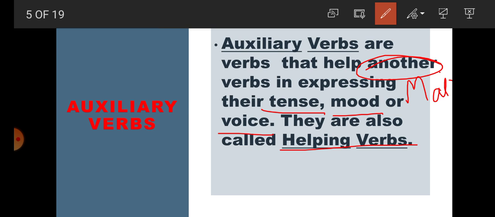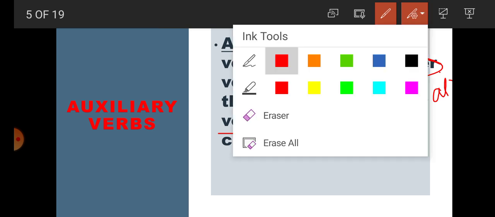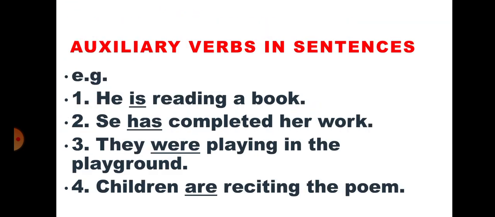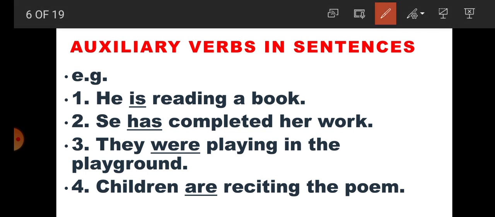So with the help of example in the next slide, I am going to explain what is auxiliary verb. Come on here student, with the help of example, let's clear what is auxiliary verb and how it helps the main verb. Example number 1, he is reading a book. Here student, main verb is reading and the helping verb is is.